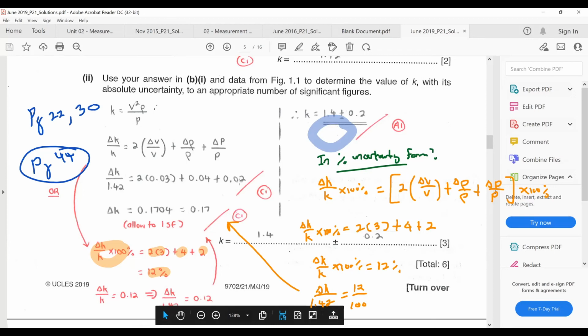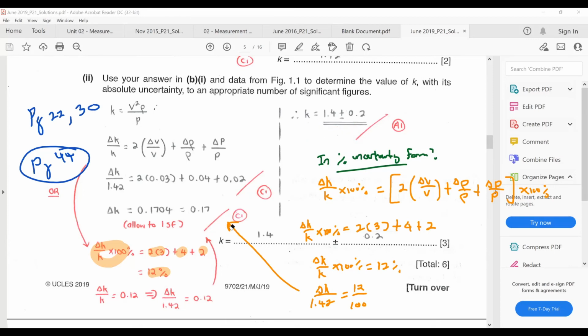Okay, so after you get delta K is 0.17, then why is it that K is 1.4 plus or minus 0.2? Like the 1.4 is from the previous one, but how do you get the 0.2? Oh, okay. For absolute uncertainty, the rule is 1 SF.